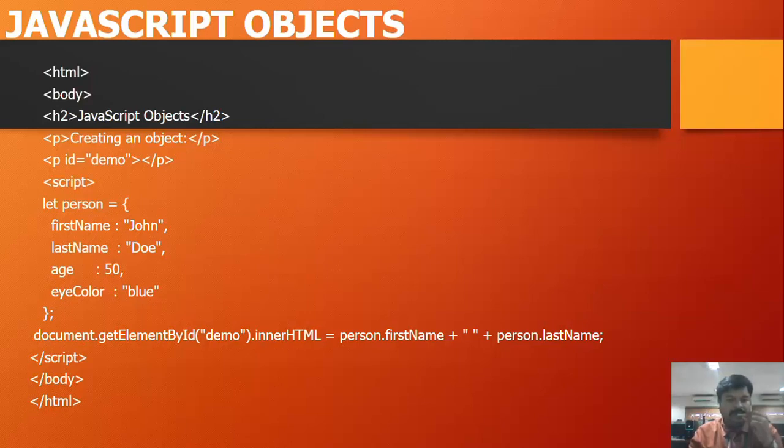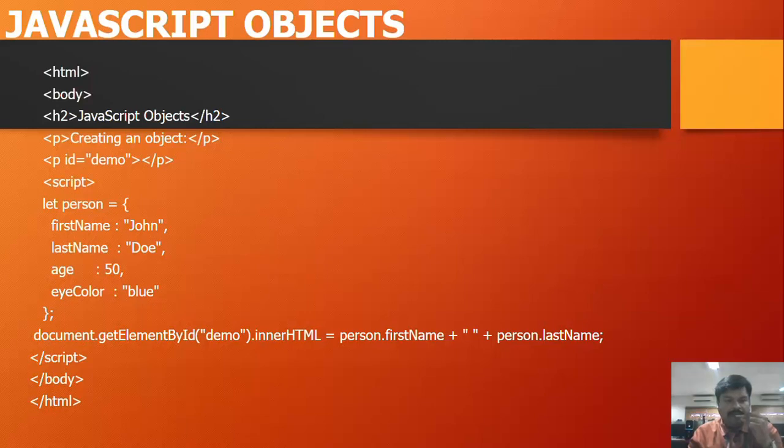Then we close the braces. Then in the next line, document.getElementById of demo, calling that ID selector, dot innerHTML equal to person.firstName plus a space plus person.lastName. So we are going to display the first name and the last name of the person in the output.